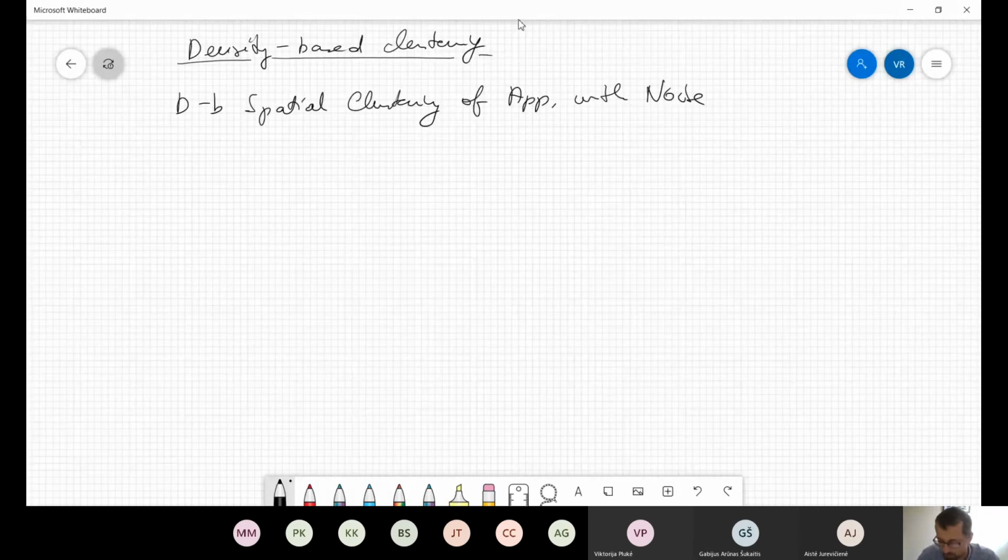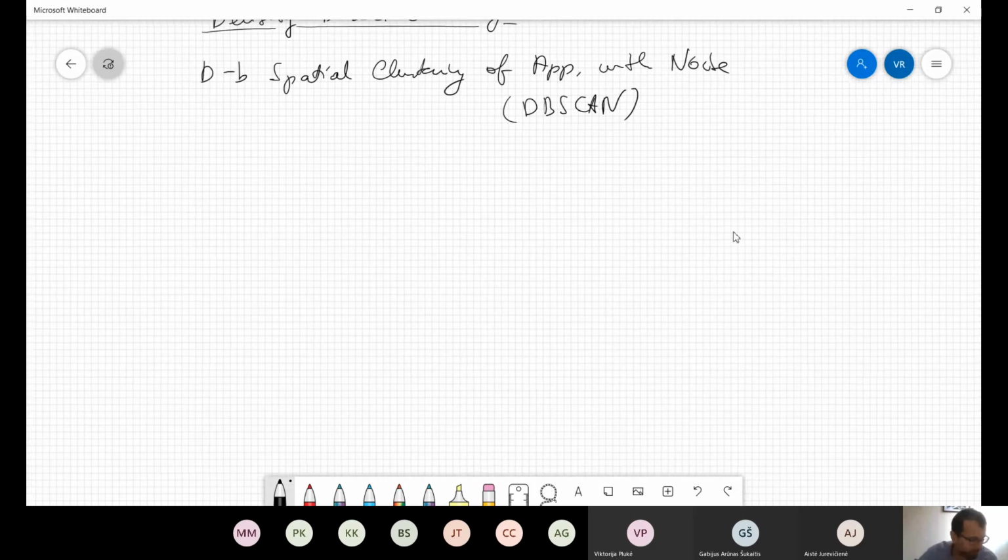And the abbreviation is DBSCAN. This is an algorithm which is quite often used, along with others, when you want to cluster and you just don't know which one performs best. So this one is an option to try out.